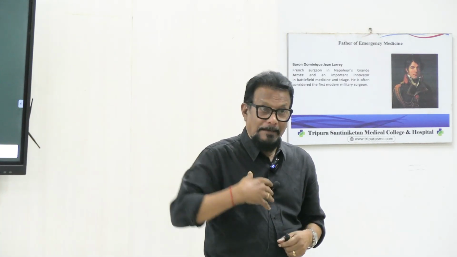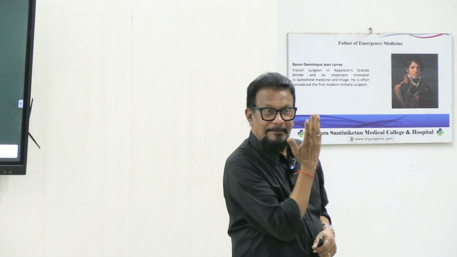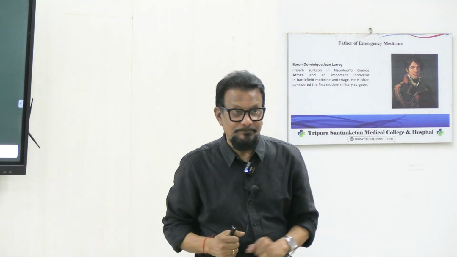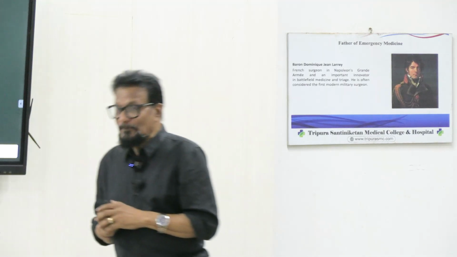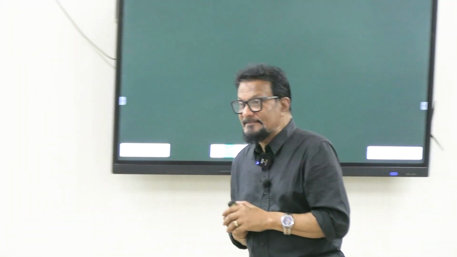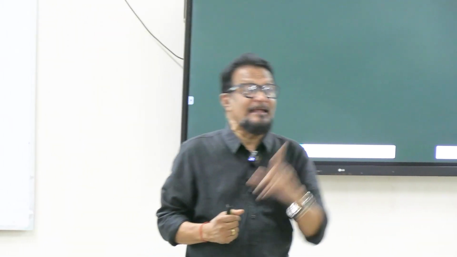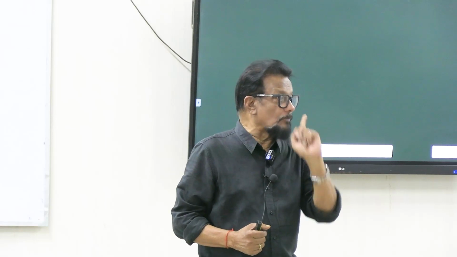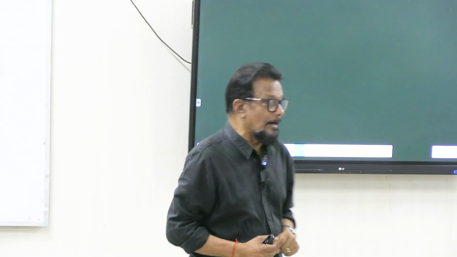Angiotensin 1 in the blood will come to the lung. In the lung capillaries, there is one enzyme, ACE, not ECE. What is this enzyme? Angiotensin converting enzyme. ACE will convert angiotensin 1 into angiotensin 2.